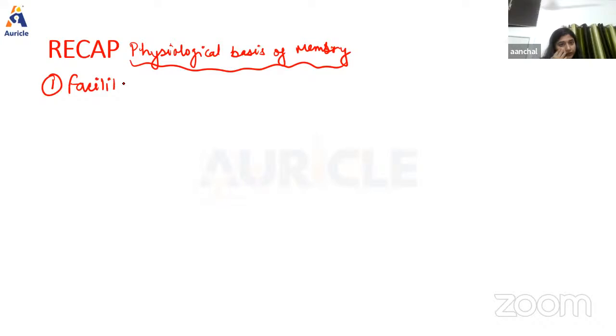facilitation. Okay, what is facilitation? This is the process by which the memory storage is enhanced, and it involves an increase in synaptic transmission, and also increases the postsynaptic activity, and this facilitation is also known as positive memory. Then next we have habituation.